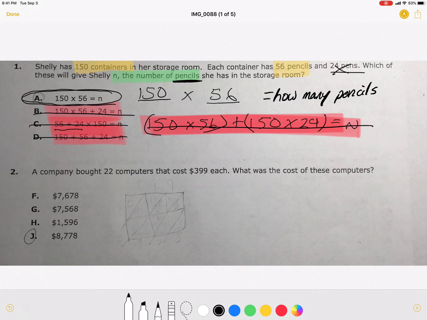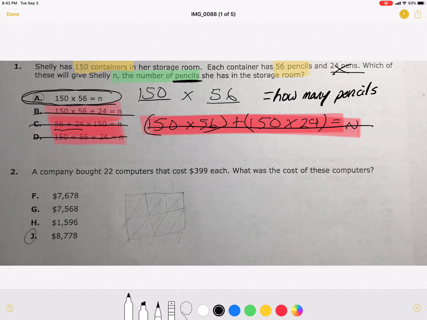A company bought 22 computers that cost $3.99 each. What was the cost of these computers? You have a couple of different options here on how you want to do this. One thing you could do is you could estimate to get an idea of how much you're looking at. So let's start with the number sentence.